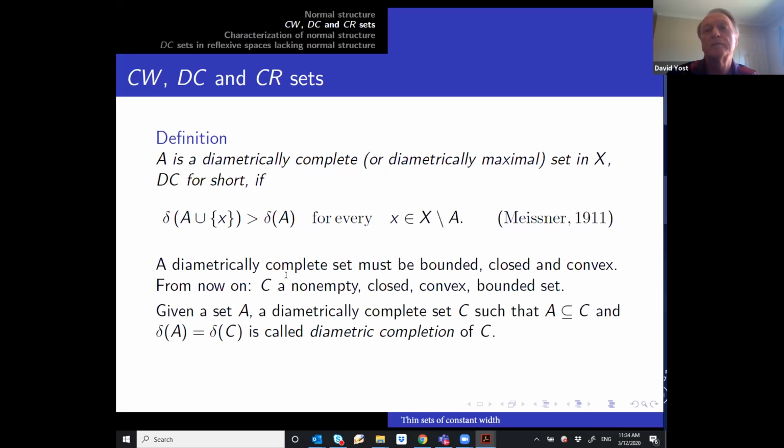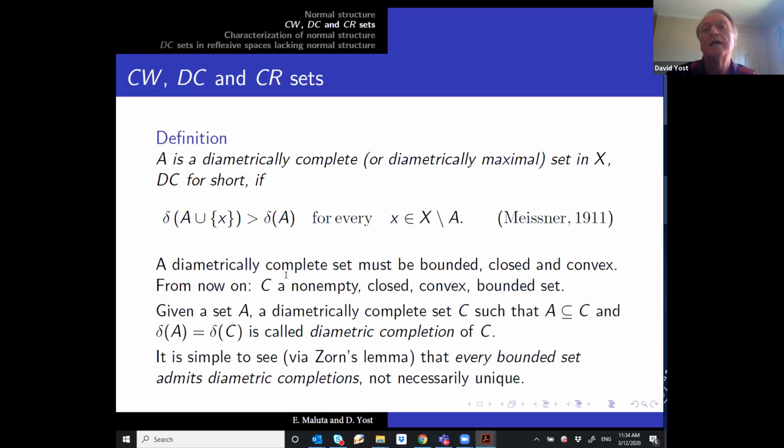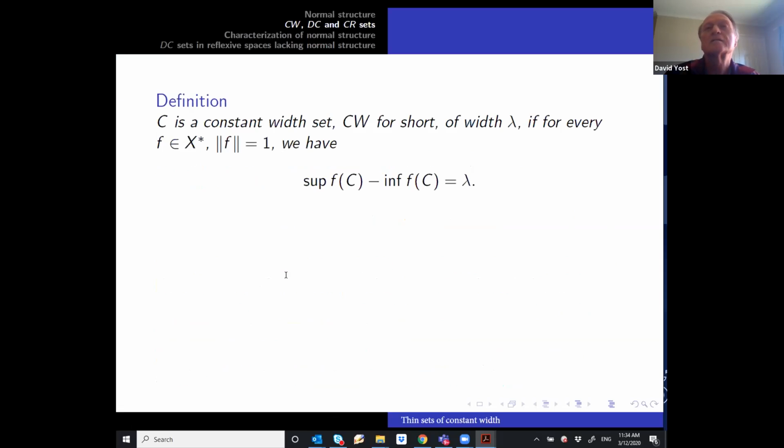There is always a maximal set which is diametrally complete, which contains any given bounded set, and that's an application of Zorn's lemma. You consider all the possible diametrally complete sets that are contained in a given set, and they certainly exist because every ball is diametrally complete. And you order it in the natural way, and Zorn's lemma gives you a maximal element. So they exist.